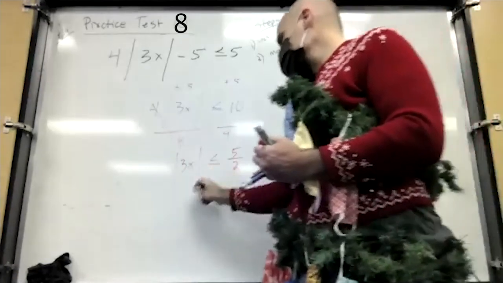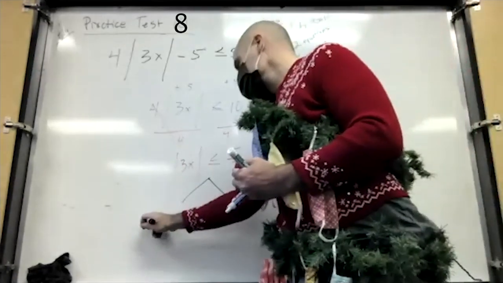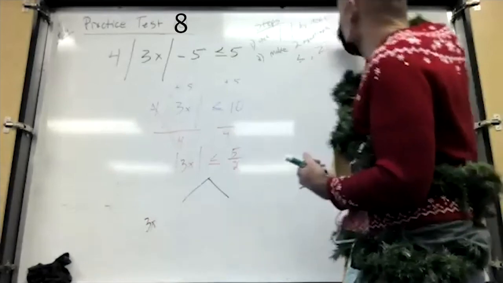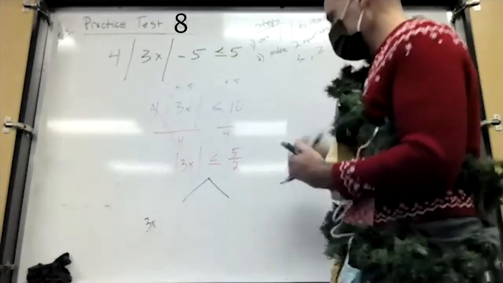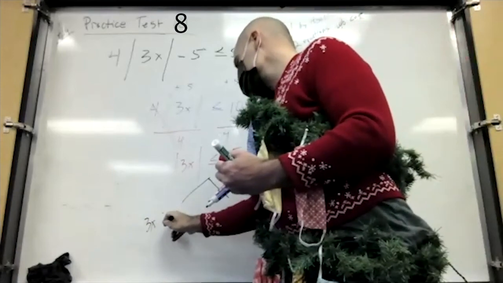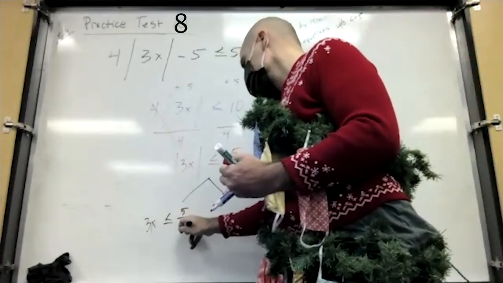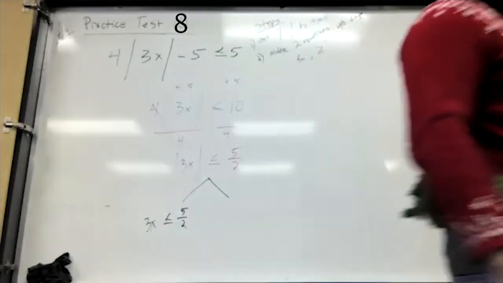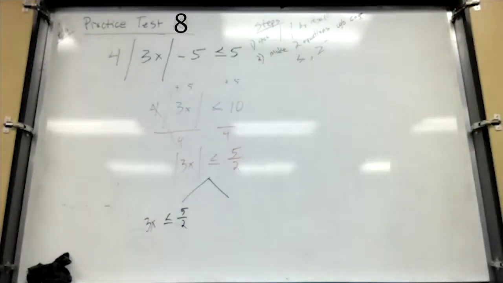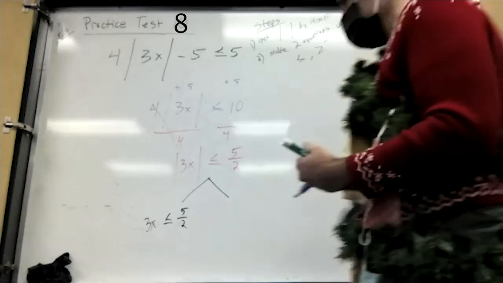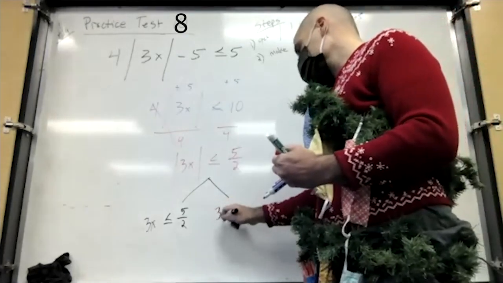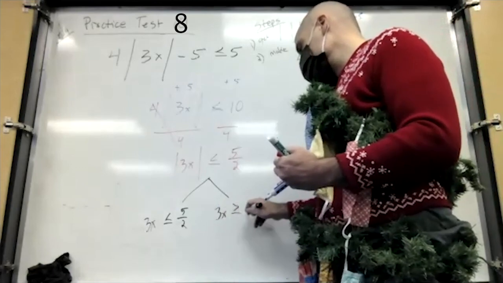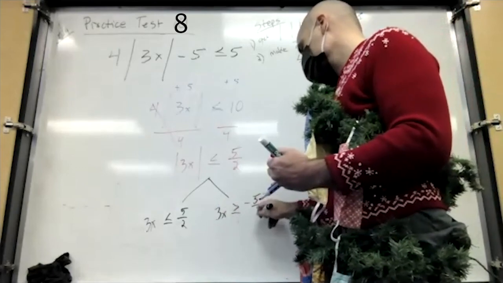So we're going to make 2 equations without the cage. 3x is less than or equal to 5 halves. That will always be, just rewrite it exactly the same way without the absolute value symbols. And then the other equation is write the left side the same, flip the symbol, and negate the right side.